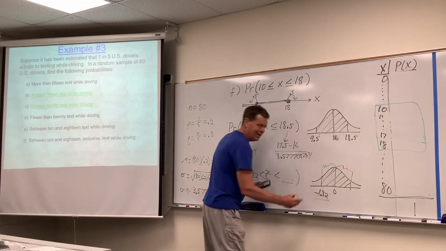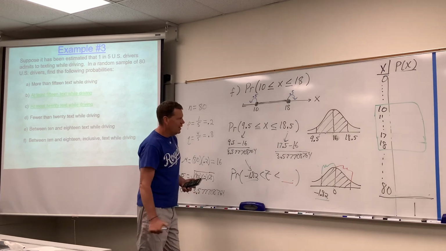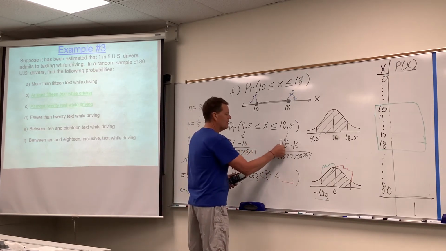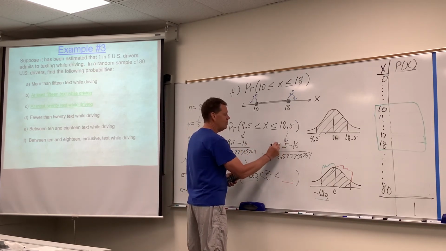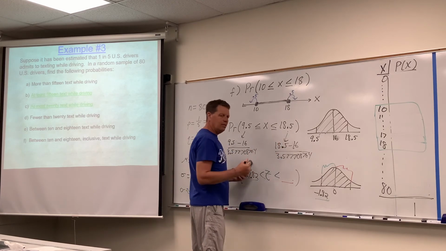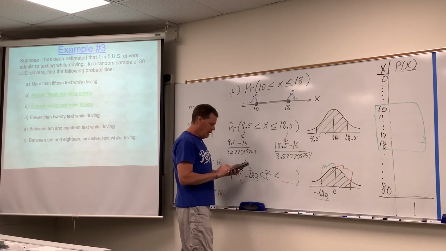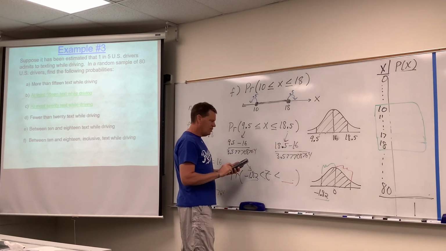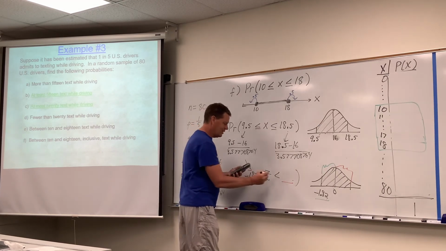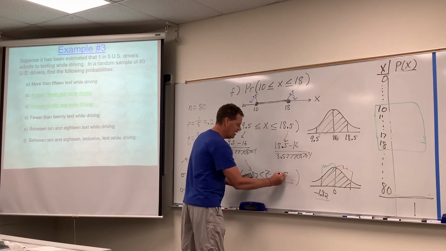There's a new z-score in town, right? And then on the upper end of it, this changed to 18.5 rather than the 17.5 on the last example. And so that standardized score, I really should have saved that standard deviation in my calculator and this kind of thing. 0.698, 0.70.